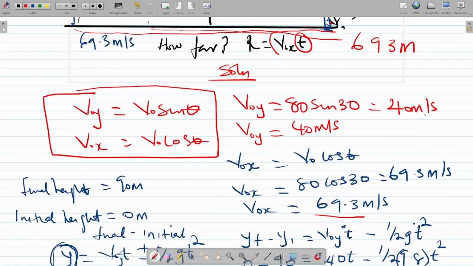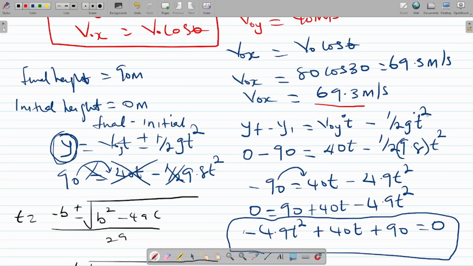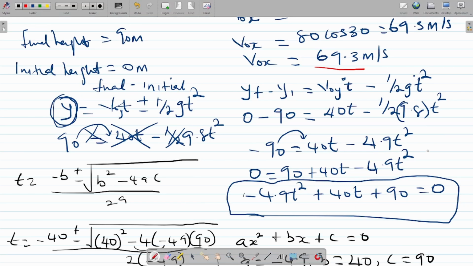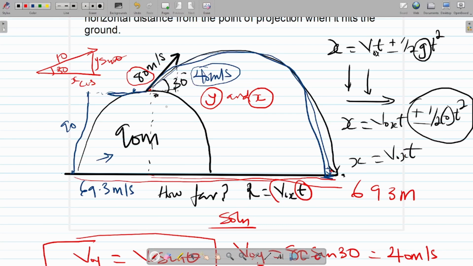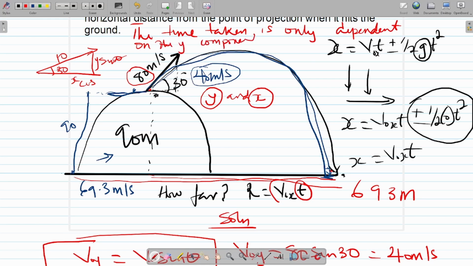So you've seen how I did this. We went all the way from here. We solved for the time. Like I said, since the time is dependent on the y component only, I'm going to write it again. The time taken is only dependent on the y component of the initial velocity.